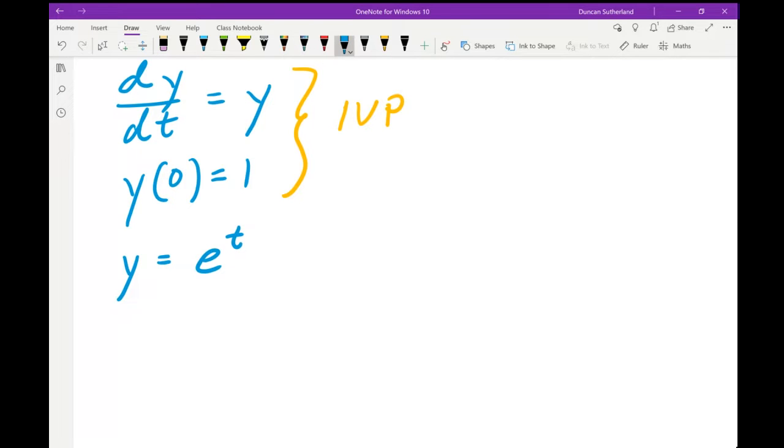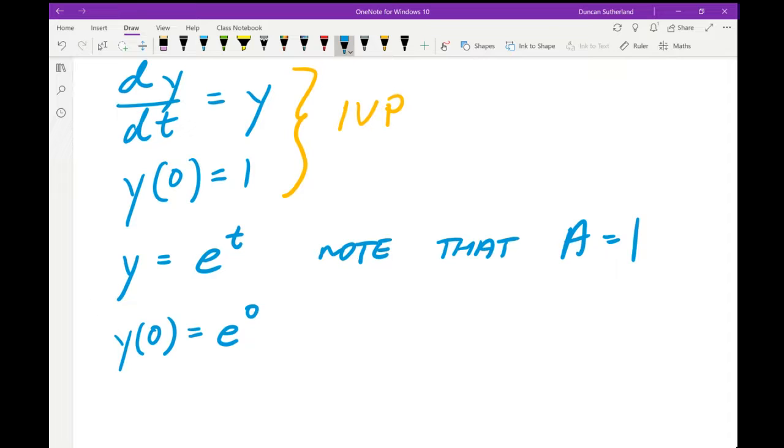Note that a equals 1 if we're comparing to our general solution. So we've identified a very specific value of our constant of integration. Note that y of 0 equals e to the 0 equals 1. So the solution also satisfies the initial condition.